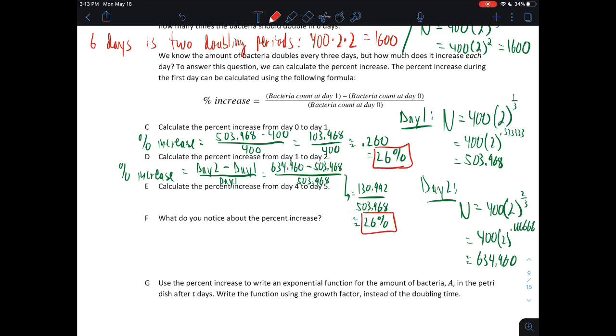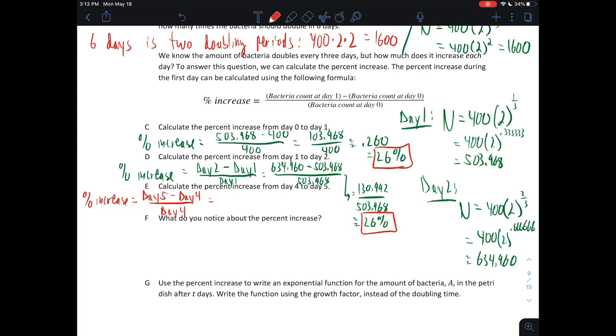So now how about part E? In case we're not convinced, calculate the percent increase from day 4 to day 5. So now you have to find the day 5 amount and the day 4 amount, which means plug in 5 to your formula for T, plug in 4 for your formula for T, get those amounts. What you're going to get in part E is the percent increase will be the day 5 amount minus the day 4 amount divided by the day 4 amount.